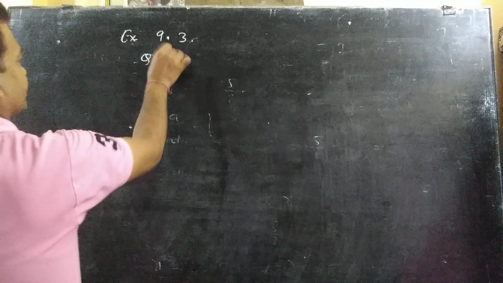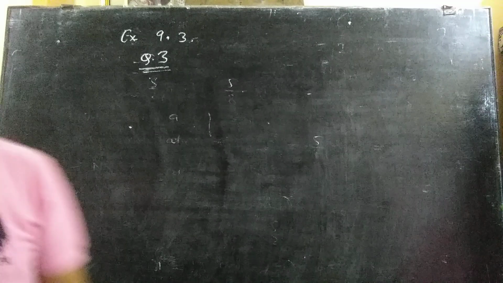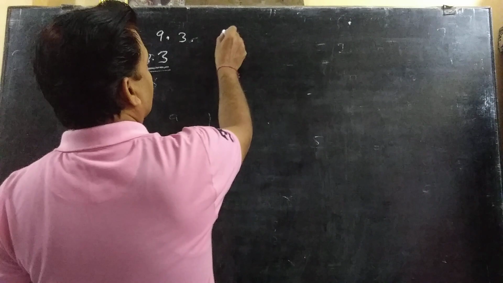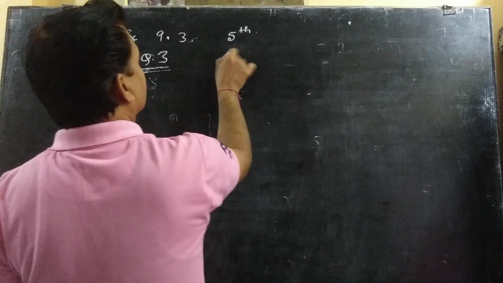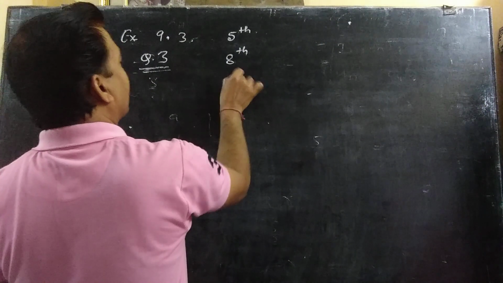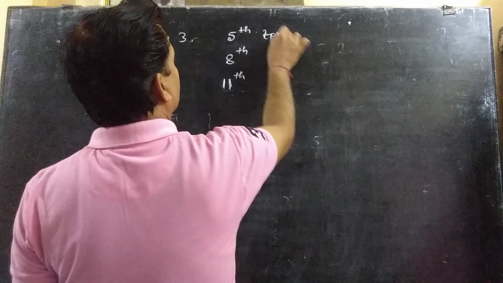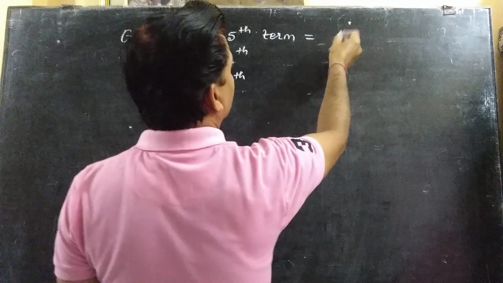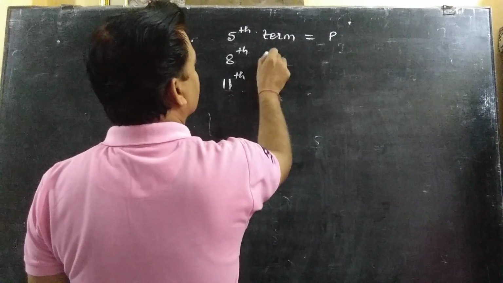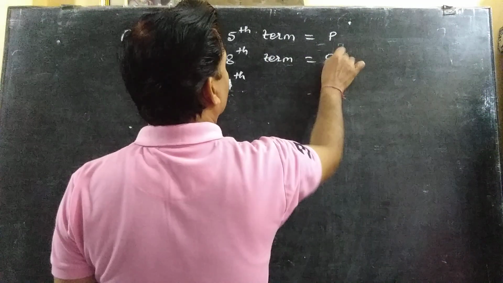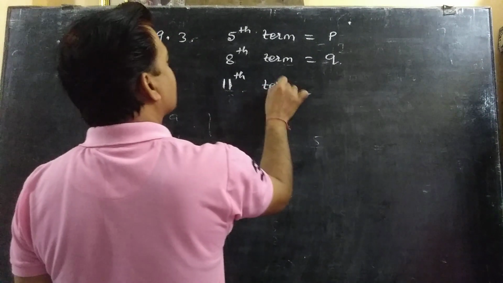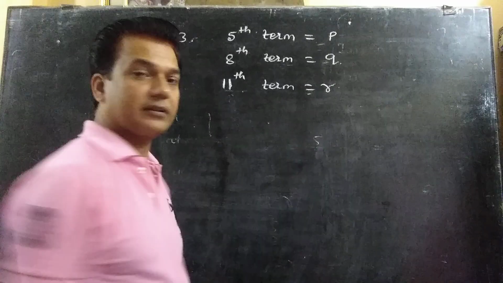Now the next problem we are taking here is the third question. According to this problem, what we have in a GP, the 5th, 8th and 11th terms are P, Q, R. Fifth term is P, eighth term is Q, and 11th term is R. This is given.